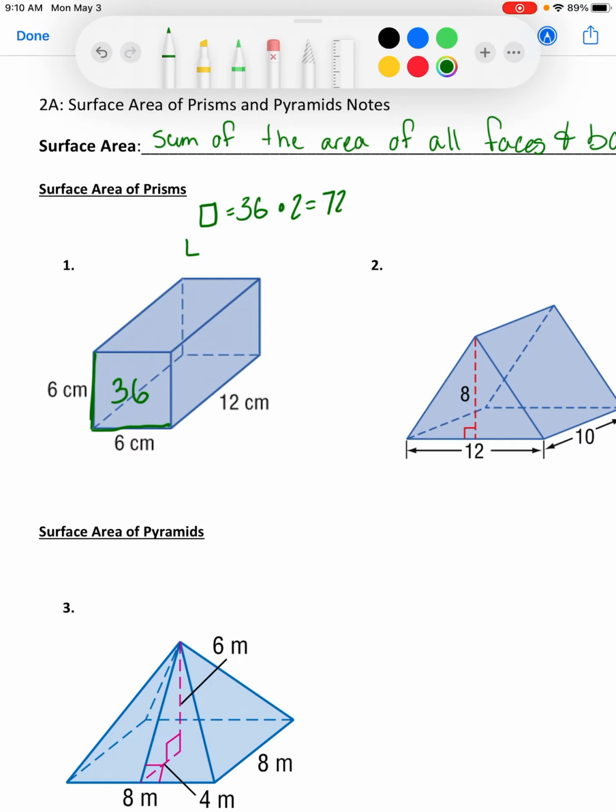Now, our rectangles are next, and we have 4 of these rectangles, and they are all 6 by 12. Once again, since the formula for the area of a rectangle is base times height, we're going to multiply 6 times 12. When we multiply 6 times 12, we get an area of 72.